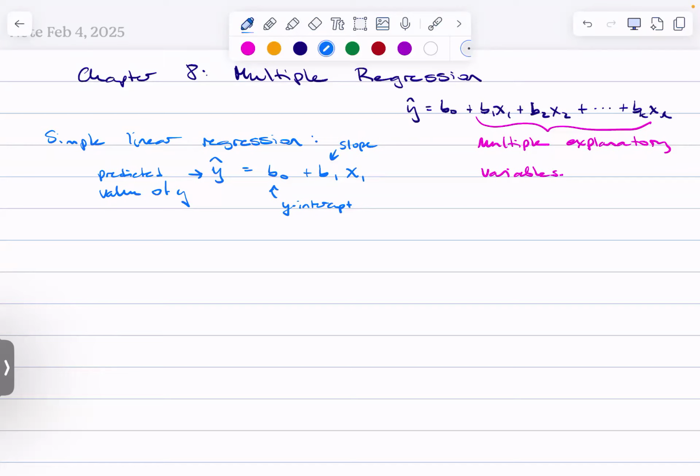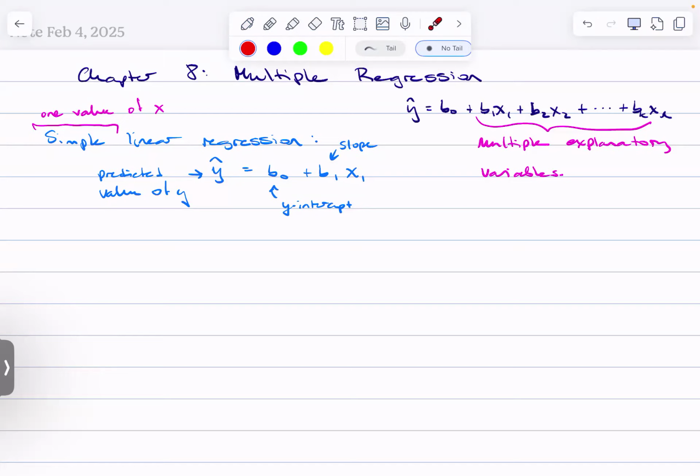Simple linear regression refers to one value of x, whereas multiple linear regression talks about multiple values of x. Usually if we have a data set, we don't want to just talk about how y relates to one value of x. We want to incorporate multiple things.